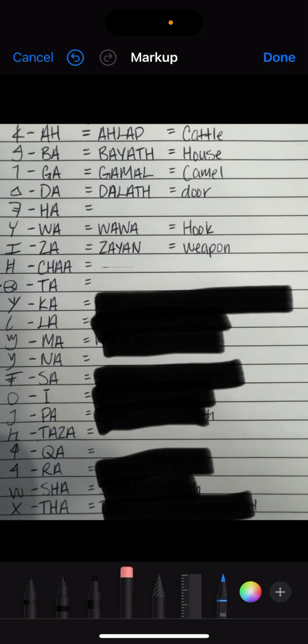Now the next pronunciation we have is ha. I don't have anything for that, so I'm going to go to the next pronunciation. Same thing for ta. Now for ka, the root word for ka would be kop, and that means palm of hand.